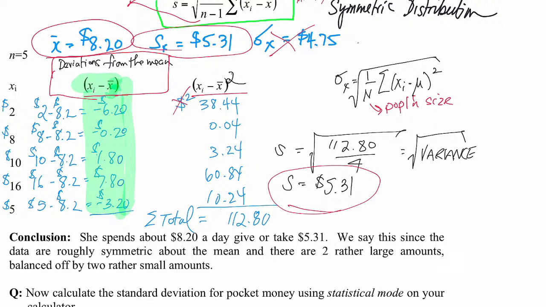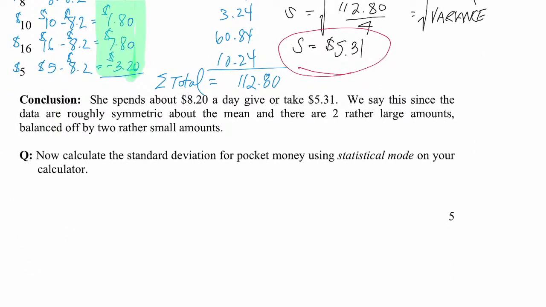Since the data is roughly symmetric, the way we can interpret that is this.